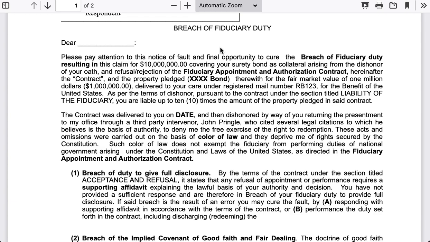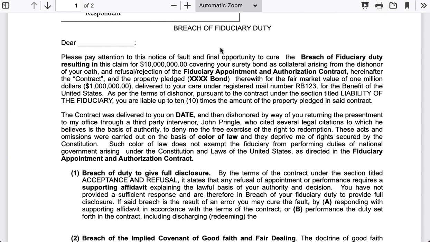That was determined on the GSA forms. Delivered to your care under registered mail number RB123 for the benefit of the United States. That was how the instruments were endorsed, right? For the benefit of the United States.